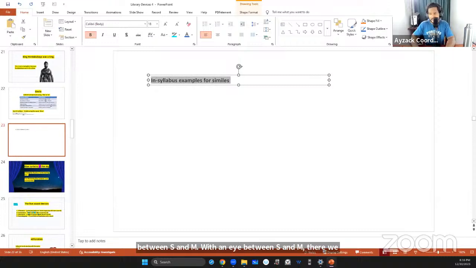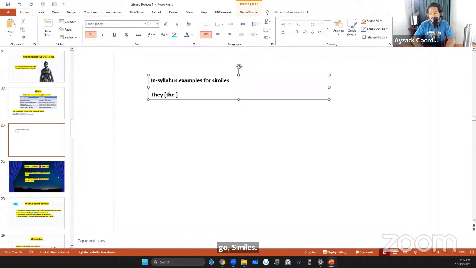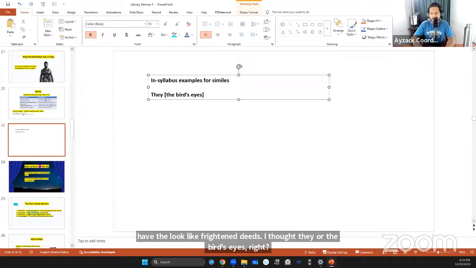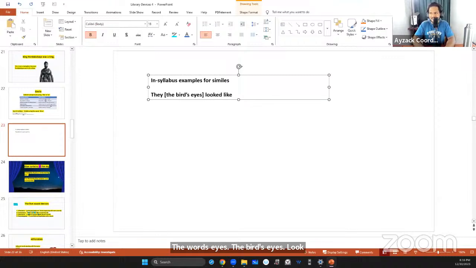We have, "they look like frightened beads, I thought." The bird's eyes. "Looked like frightened beads, I thought." There we go. That is a good example of a simile in A Bird Came Down the Walk.